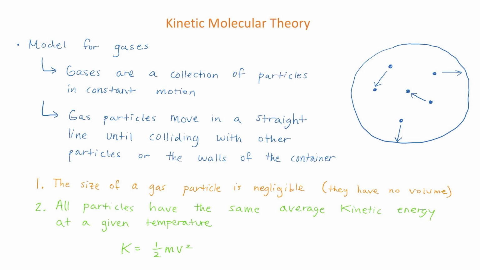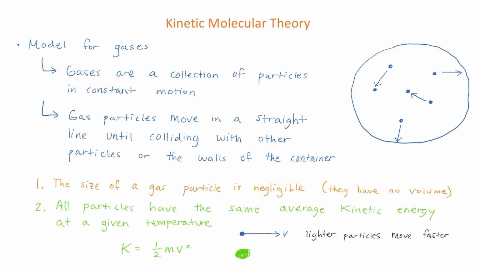And that's because they're at the same temperature. But just to be extra clear, just because all of the particles have the same average kinetic energy does not mean that they are all moving with the same velocity.